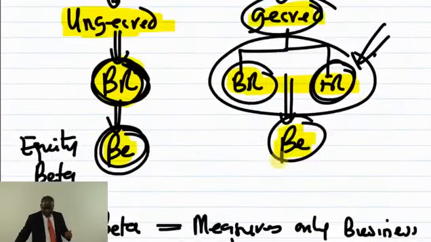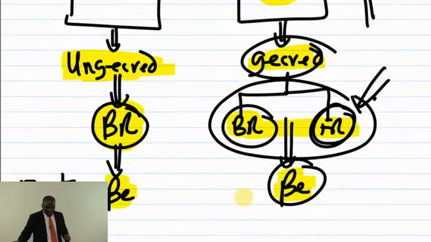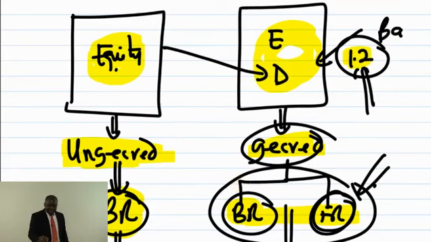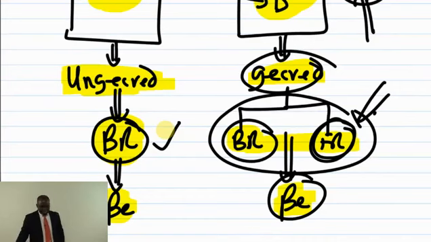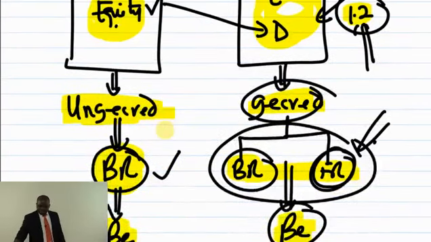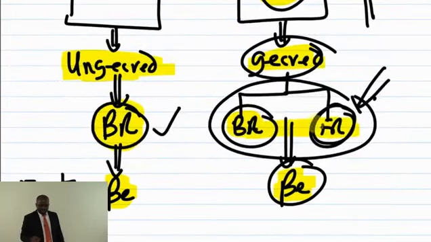If I give you the equity beta of a company that is ungeared, that will measure only business risk, and as such, that will be the same as asset beta. But when I give you equity beta of a company that is geared, it's not the same as its asset beta, because that will measure both business and financial risk.